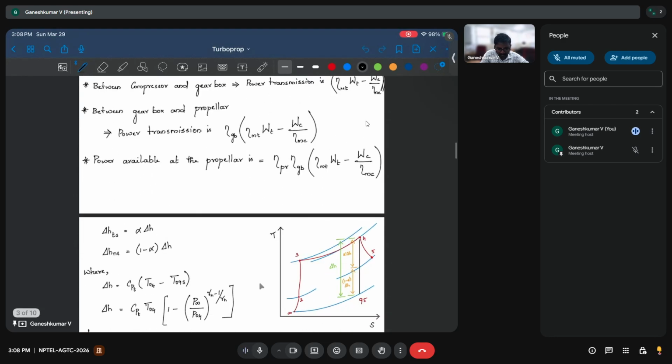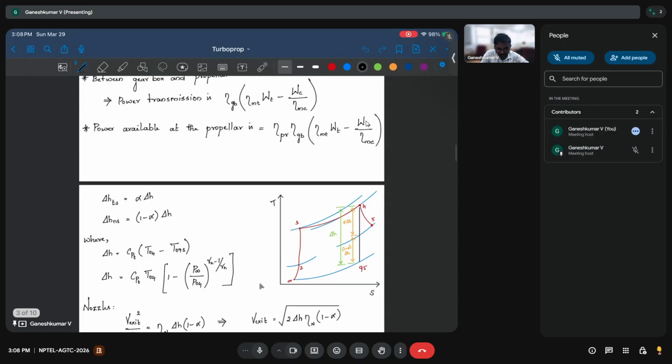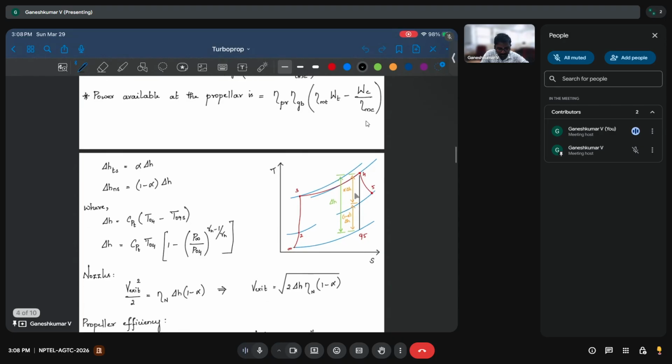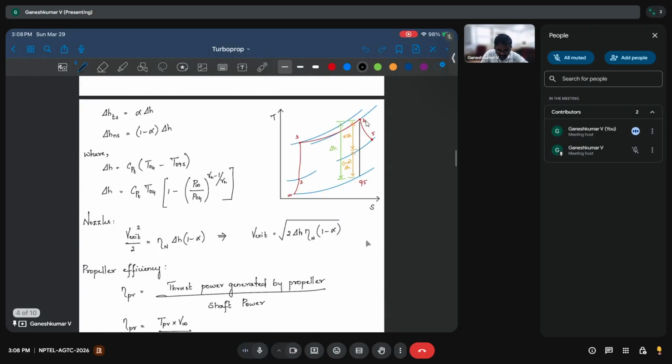Okay. And the total amount of energy that is available at the end of the combustion chamber, or at the inlet of the turbine, is going to be for complete expansion, from 4 to 9s.